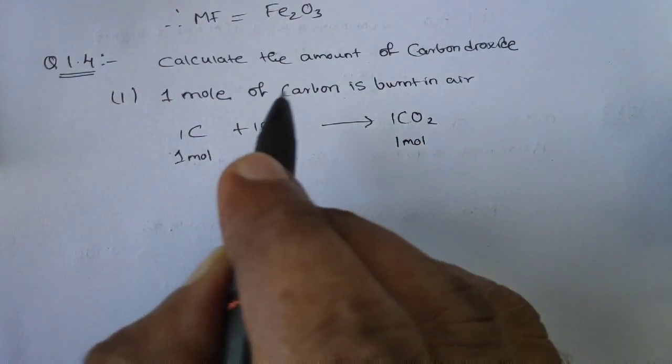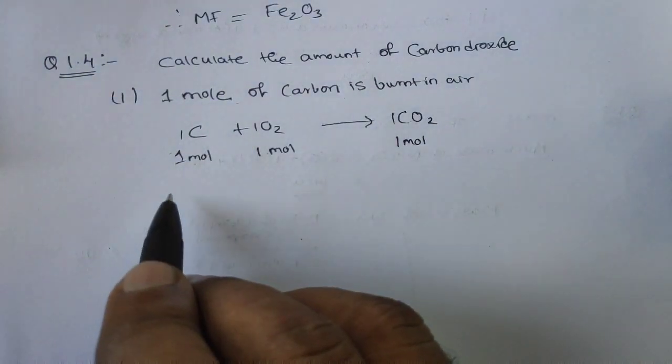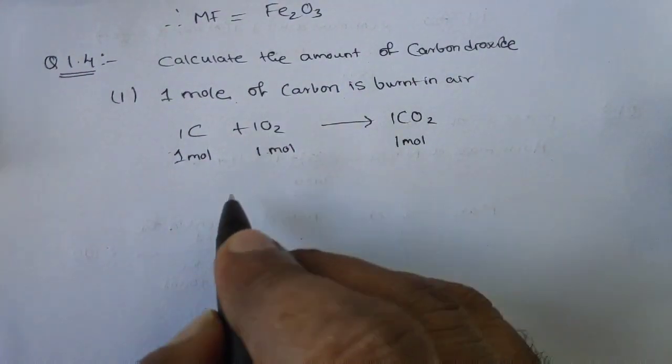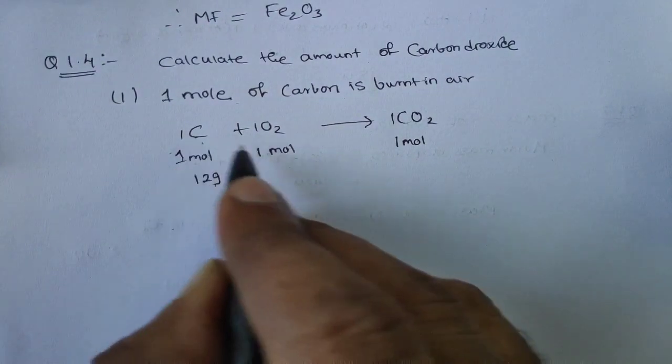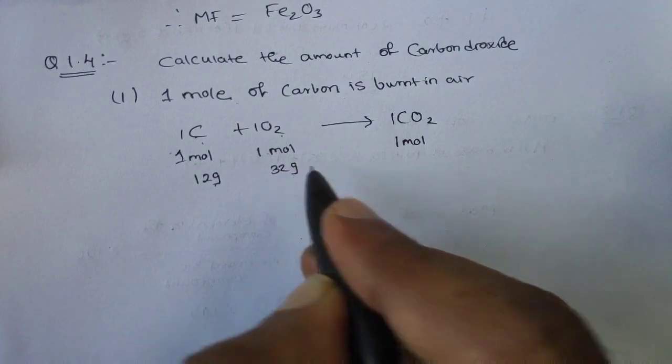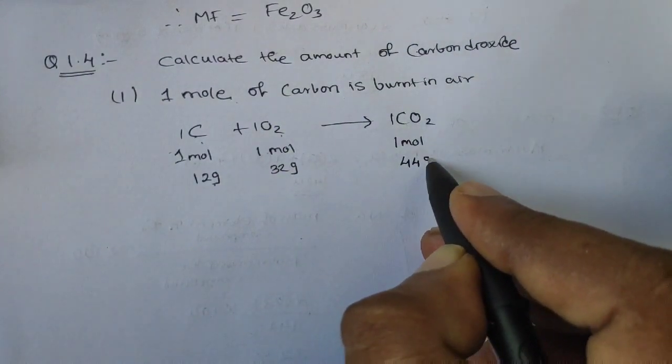Understood? So the question was: 1 mole of carbon is burnt in air. So how much is the amount? If you calculate it, here it is 12 grams, that is the atomic mass of carbon. This will be 32 grams for oxygen and carbon dioxide will be 44 grams, right?